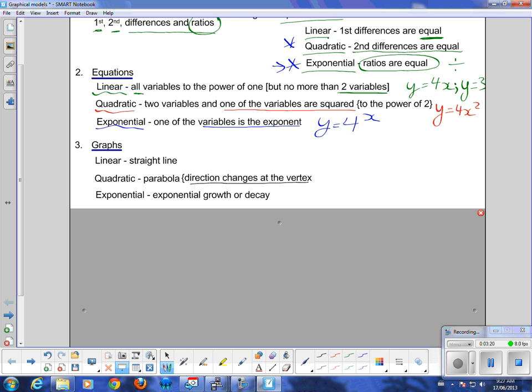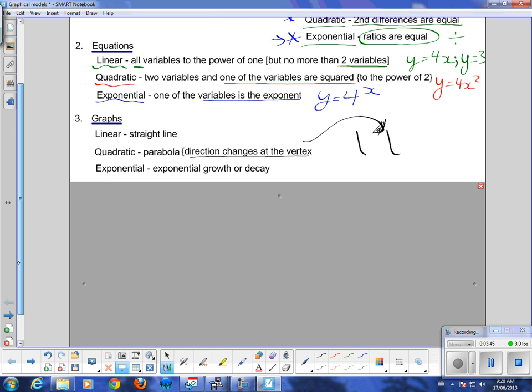If I'm only showing you this amount of a graph, you don't know whether it's exponential or quadratic at this point. But if I do the same thing and then put just a tiny hook showing it's going back up, then I would have to say that it's quadratic. So with the first one, I wouldn't be able to say for sure that it was quadratic, but definitely the second one.